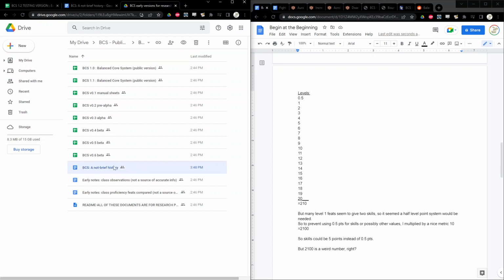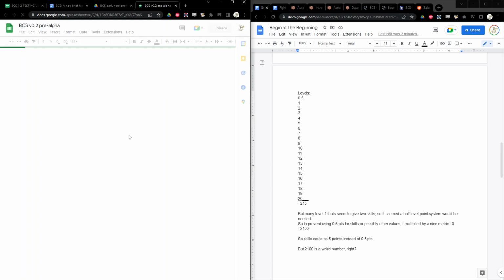There's also this BCS and Not Brief History that is several pages long, but it gives you a more in-depth history of how I developed the system and some of the things I did incorrectly along the way until I finally found things that started working. But if you go and look at, let's see, I believe version 0.2.